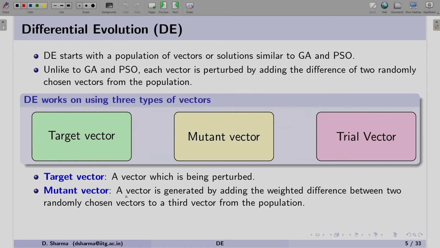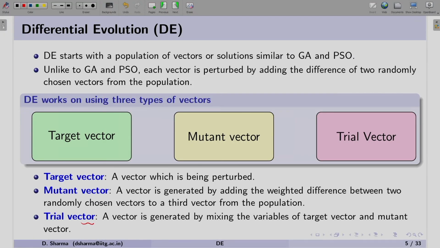Then comes the mutant vector. This vector is generated by adding the weighted difference between two randomly chosen vectors to a third vector from the population. So, as you can see, multiple vectors are involved.